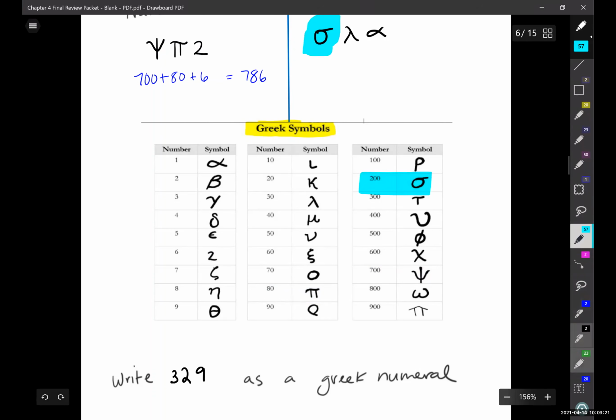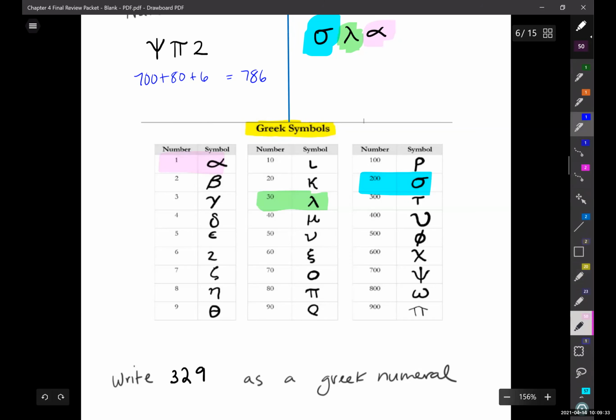Next, we've got the value for 200, then 30, and then 1. So we should get 231.